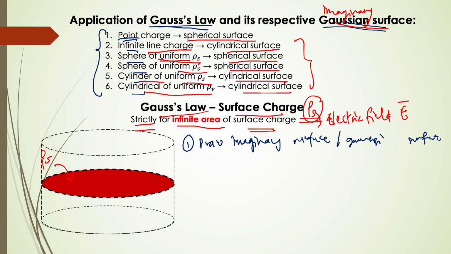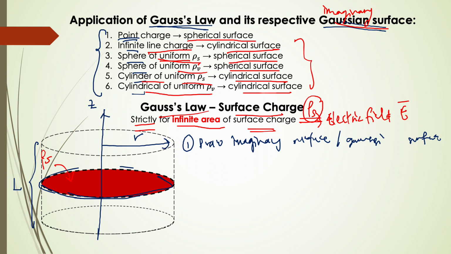It will be the cylindrical surface. Let's assume that this cylinder has radius r and height L. Make sure that this imaginary surface must enclose the electric source, meaning the surface charge must be inside the imaginary surface. So in this case, it is inside. This is going to be in the z direction.